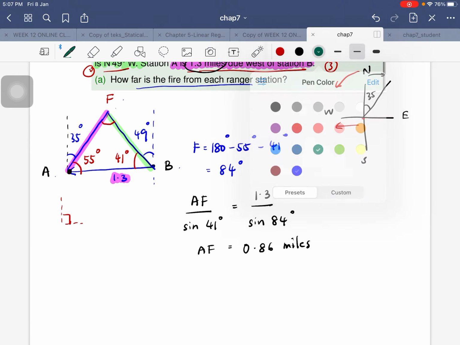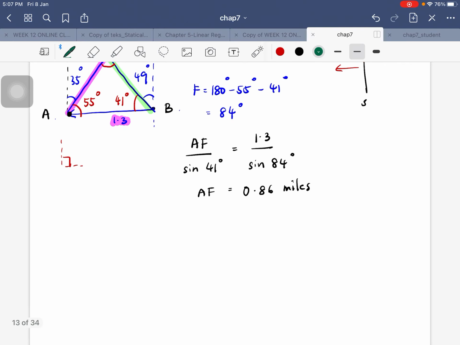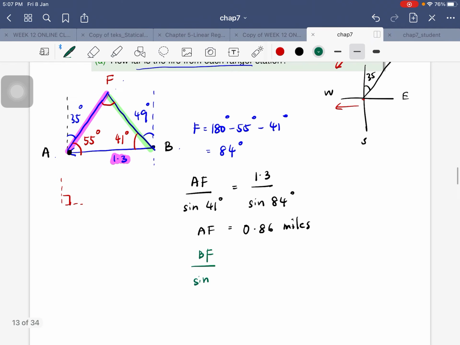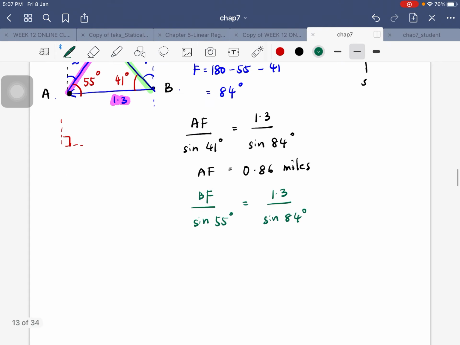And we also need to find the distance for BF. I'm going to use the same rule. So BF over sine of the angle opposite to BF, which is 55 degrees, is going to equal 1.3 over sine of 84 degrees.